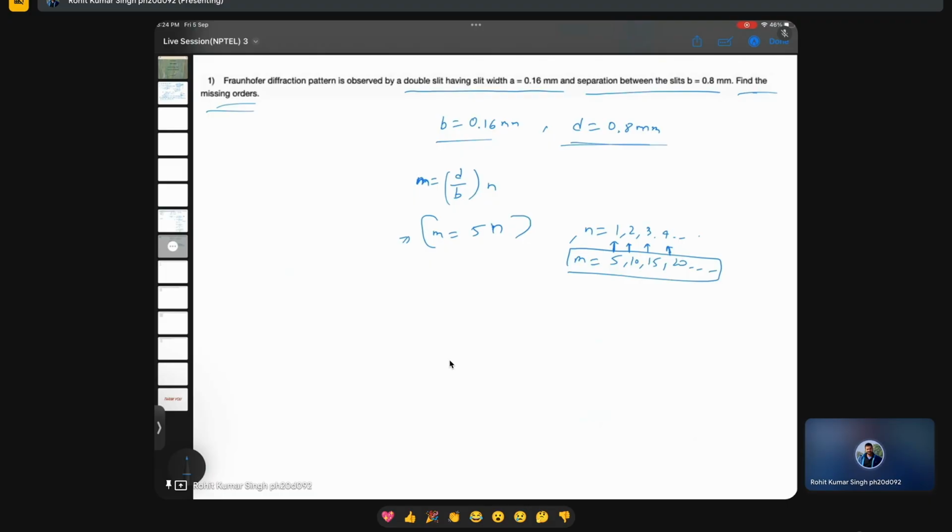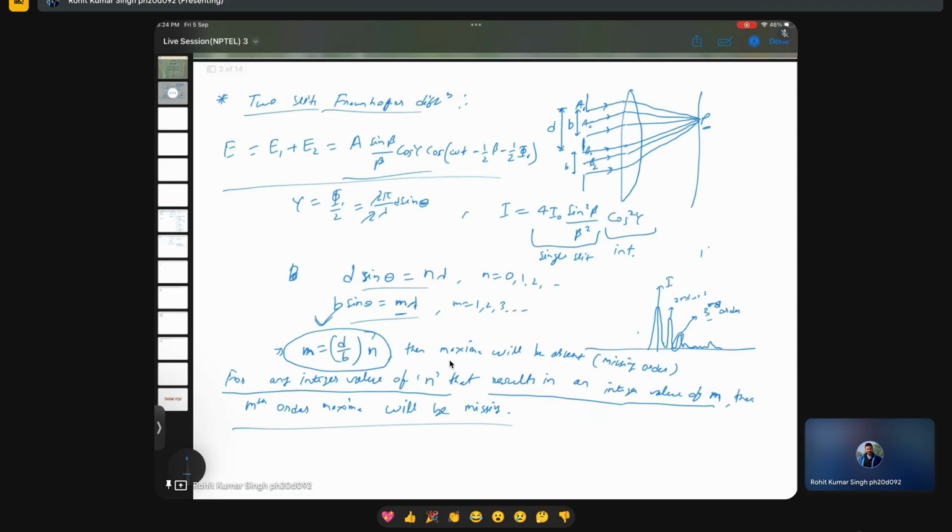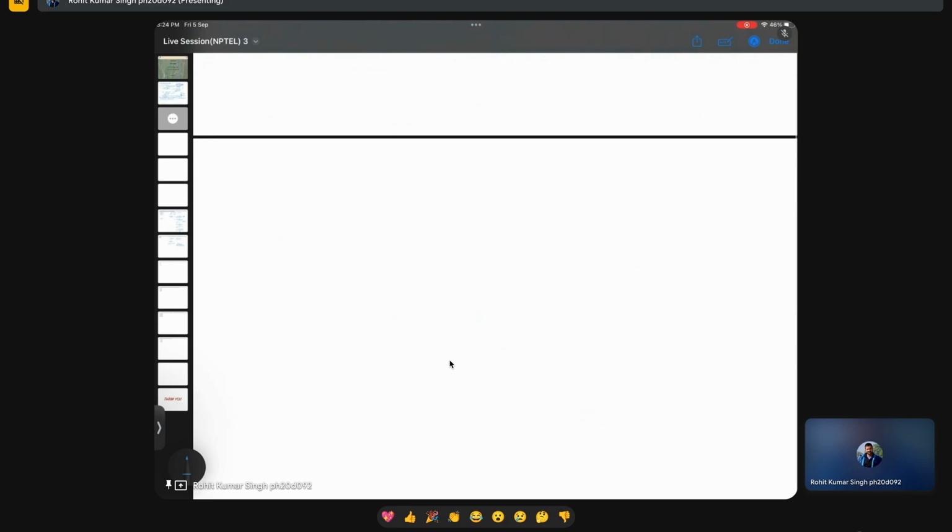So this was a topic from last lecture. Now let's look at what happens if, instead of 2 slits, you have n number of slits. N can be anything from 3 to 3000, doesn't matter.